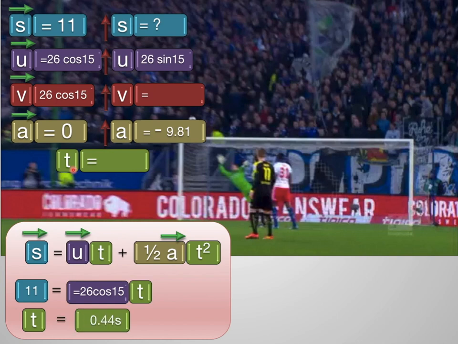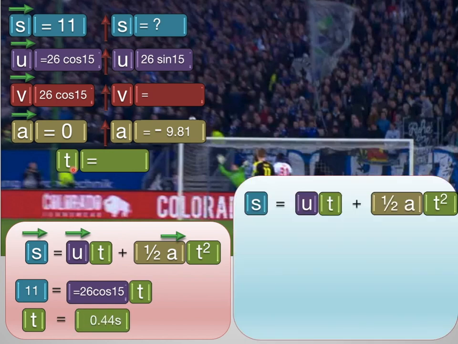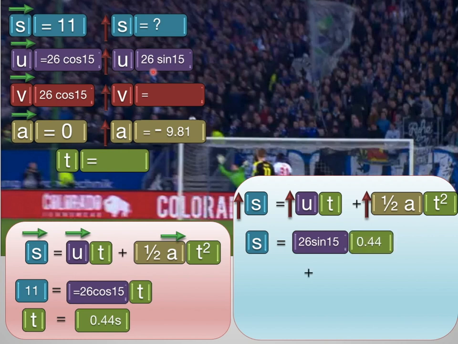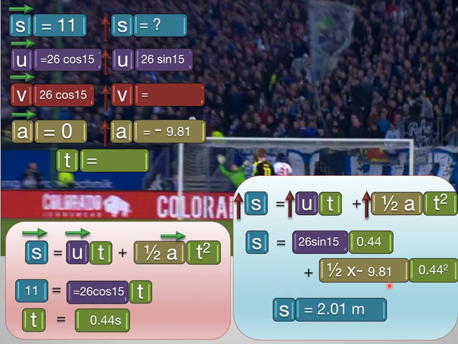Now I'm going to find what will be the vertical height of the body at the end of 0.44 seconds. I'm going to write a vertical equation because I want to find the vertical height. Vertical velocity is 26 sine 15. Time already we have found, it's 0.44. Again, the acceleration you have to take negative because the upward velocity you have taken positive, the downward acceleration you have to take negative, and the displacement you get is 2.01.